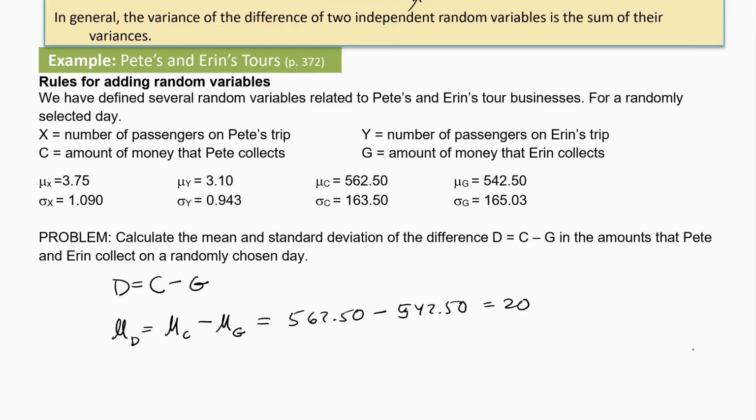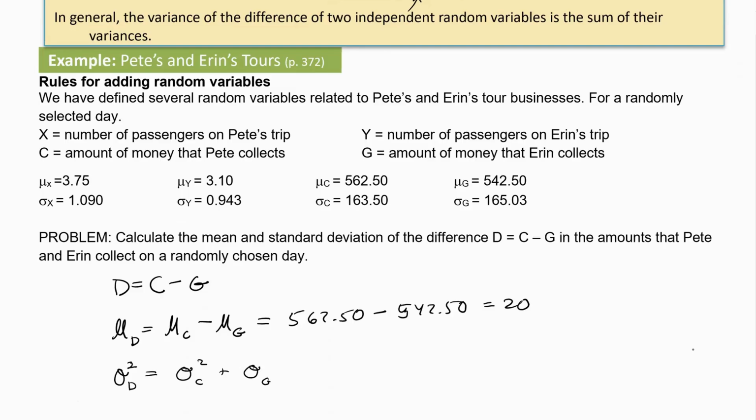What does that mean? Well, it means that over many, many trials, pulling one value from Pete, one value from Aaron, on average, the two earnings will vary by $20. What about the standard deviation of that difference? Well, we can't do standard deviation directly, so we're going to have to do the variances.